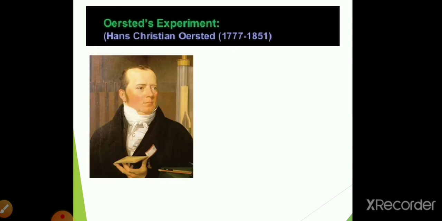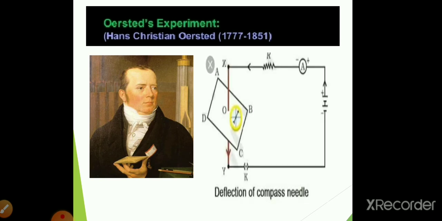Hans Christian Oersted, you can see in the picture. He used a circuit where he used the compass needle to find the deflection produced. This deflection produced by the compass shows that there is a magnetic field around the current carrying conductor.